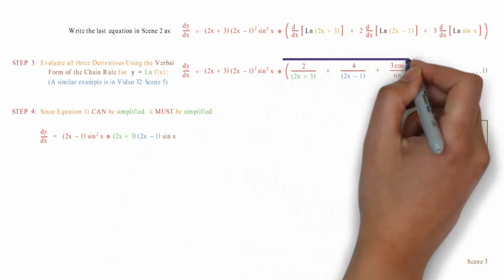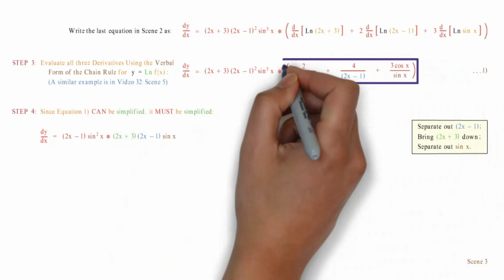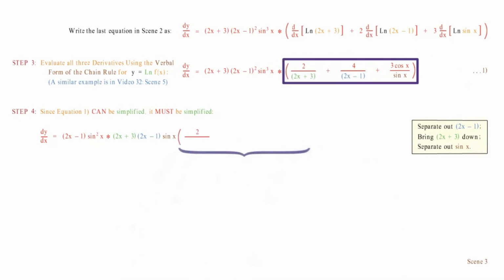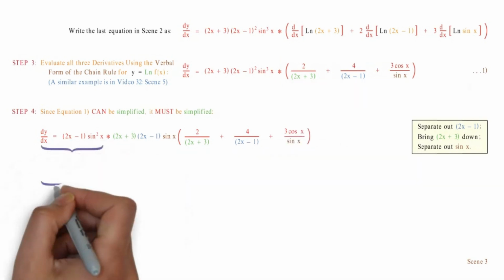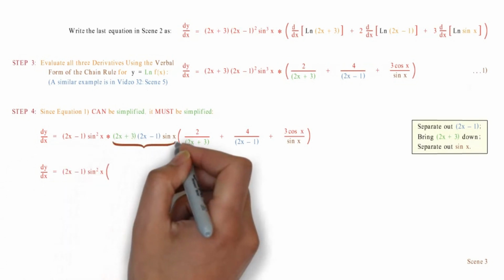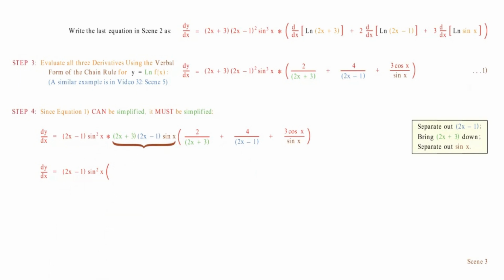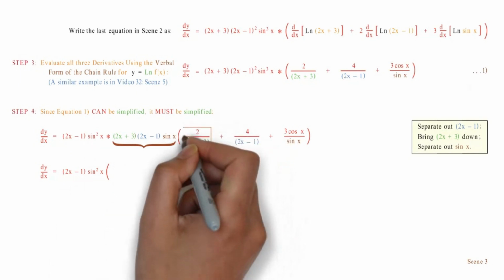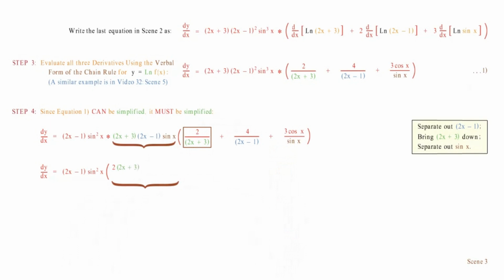Bring this entire bracket down. Bring down. This expression times this quotient is this expression.